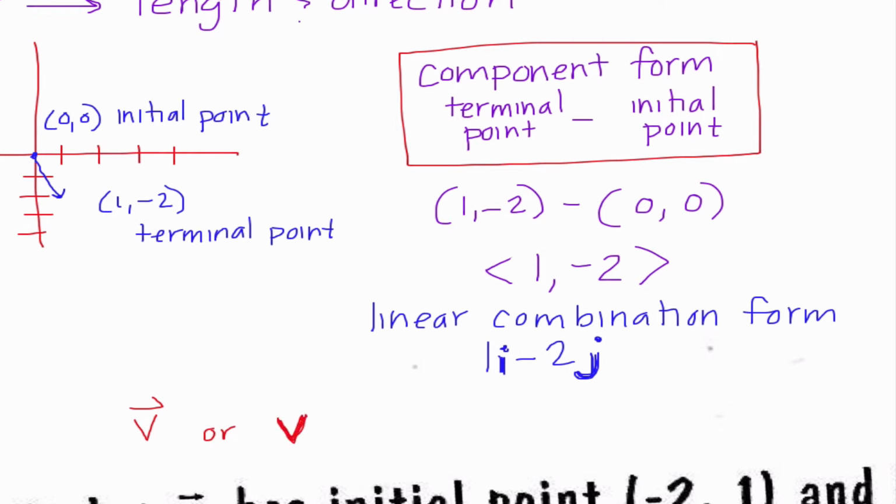Our book will show both of these notations, so it's important that we are aware of what we're looking for. Linear combination form is saying the same exact thing as component form. The i coefficient is telling us right and left. The j coefficient is telling us up and down.